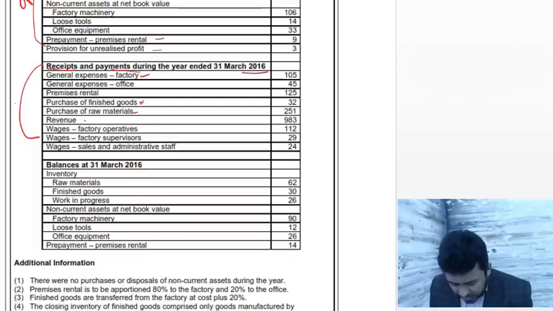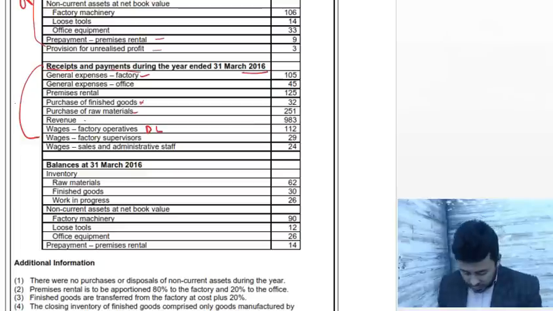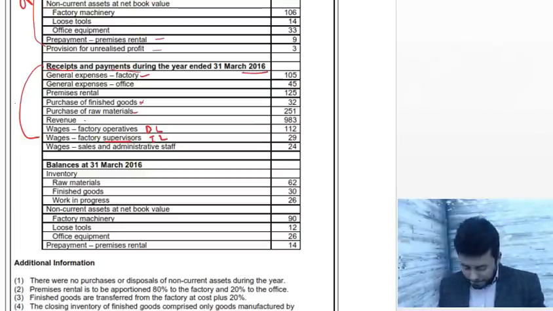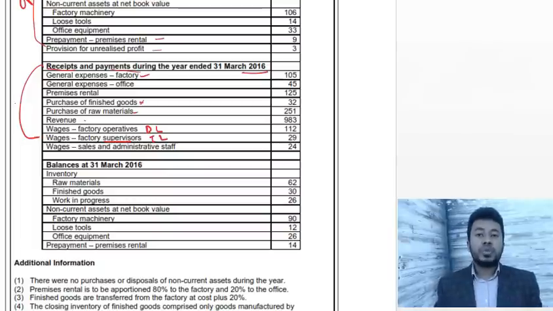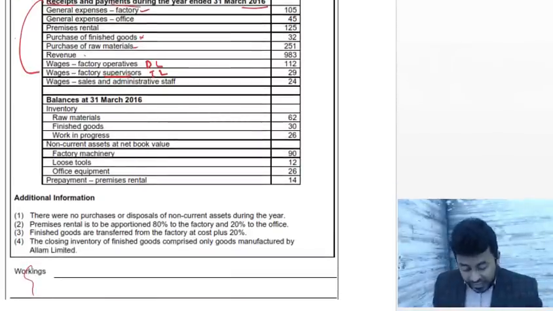Wages of factory operatives is a direct labor. Operatives, they're directly working to produce the goods. Factory wages, supervisor wages is indirect labor because they're not directly working to produce the goods, rather they're supervising. Indirect wages of sales and admin go to the income statement. These are overheads but non-production overhead.